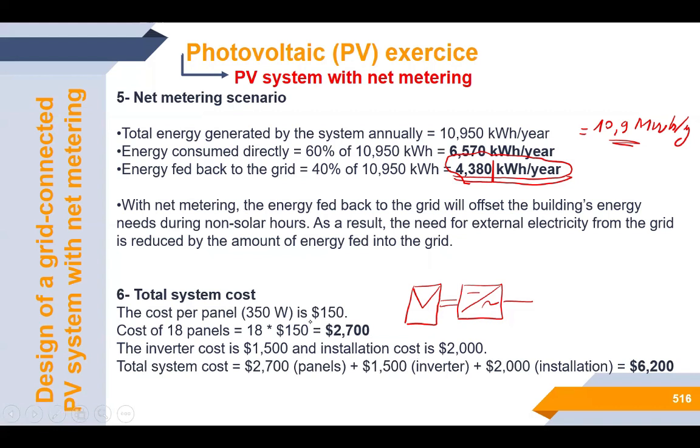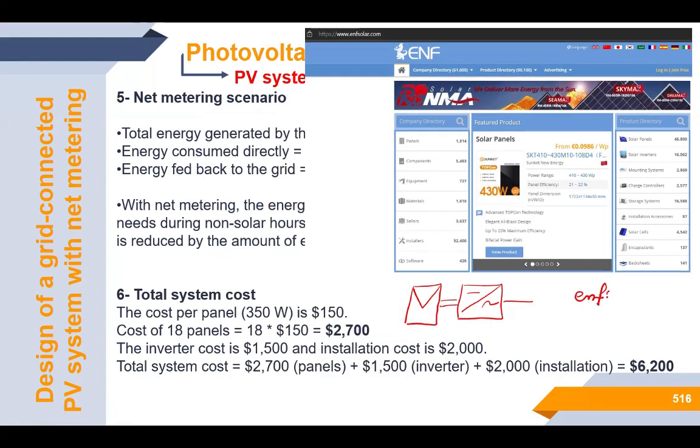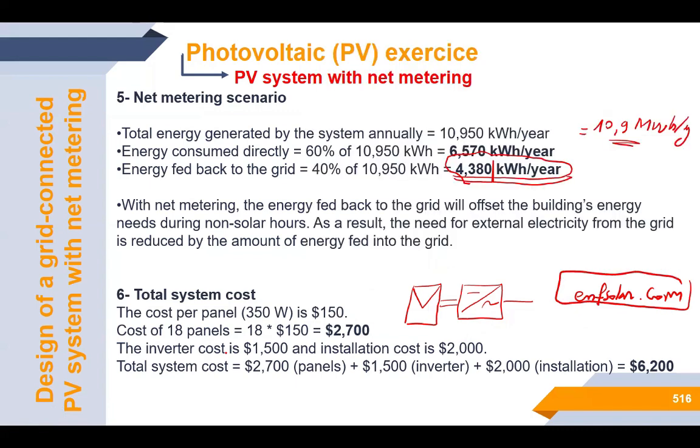For more information about the cost of the different components, you can take a look at this website. Here you can find a lot of information about the prices of panels and the prices of inverters with different manufacturers, characteristics, categories, or technologies.